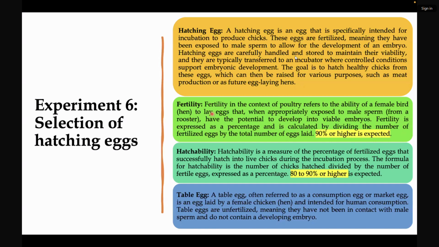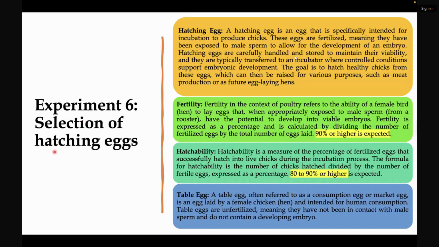As we have enough time, I would like to complete this experiment as well today, which is the selection of hatching eggs. Here also we look at the keywords before going into detail.